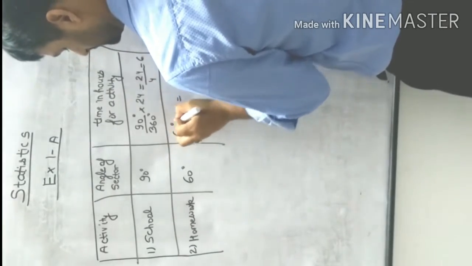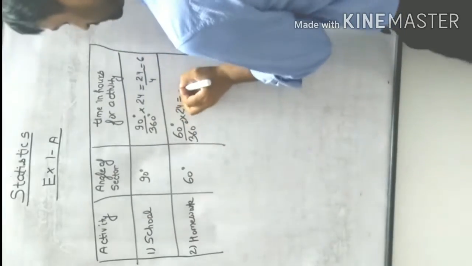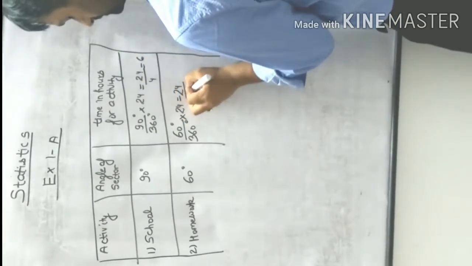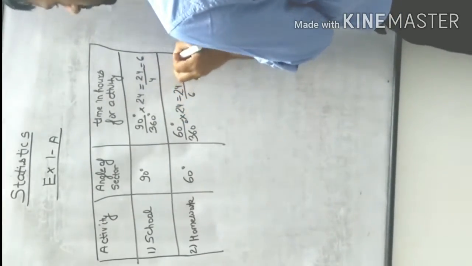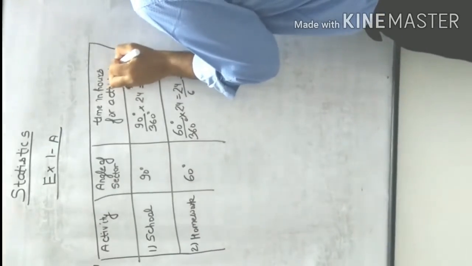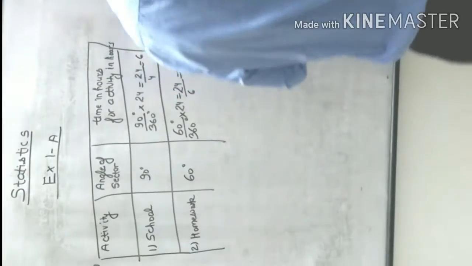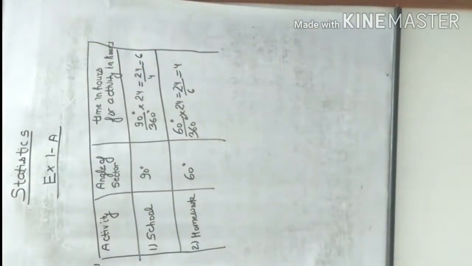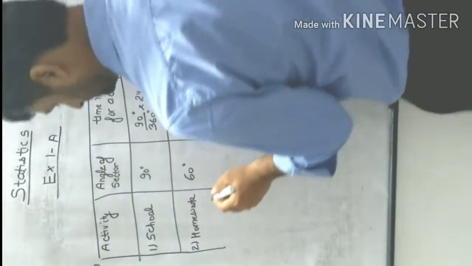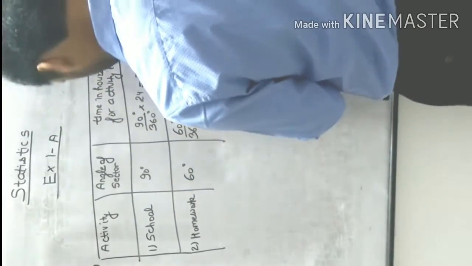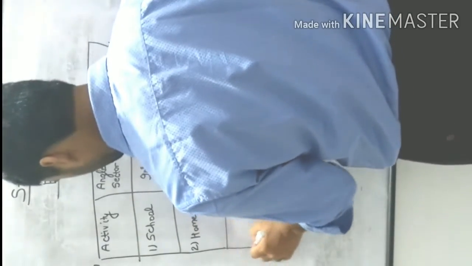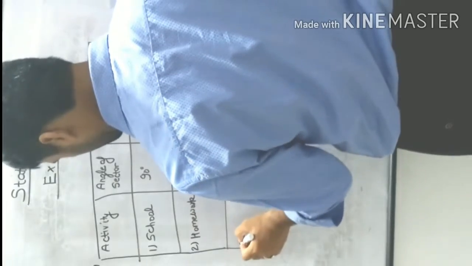That means 24 by 6. That means 4 hours. In hours. 4 hours. Then third is, if you remove your class 6, you are done like this only.